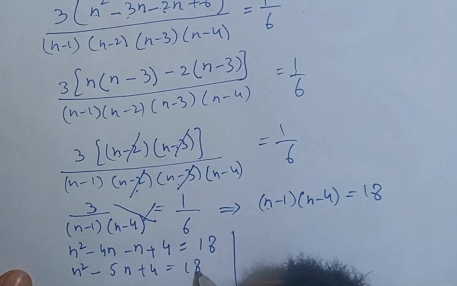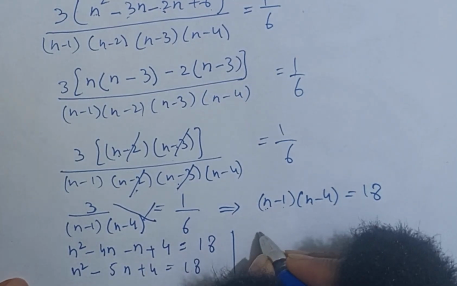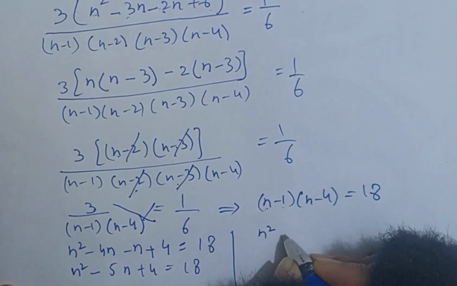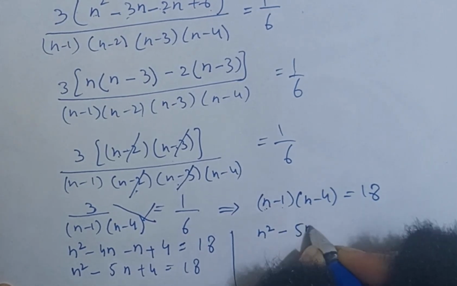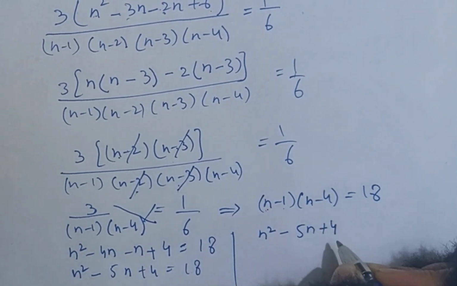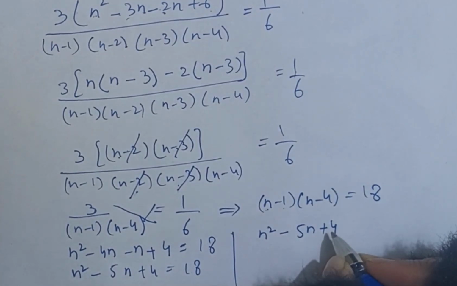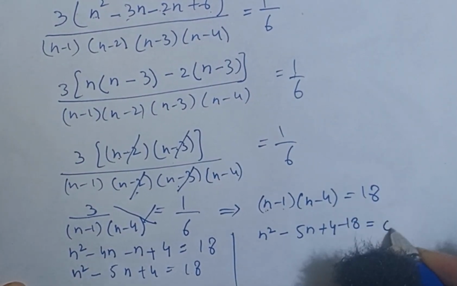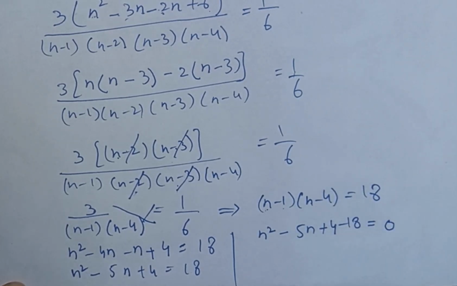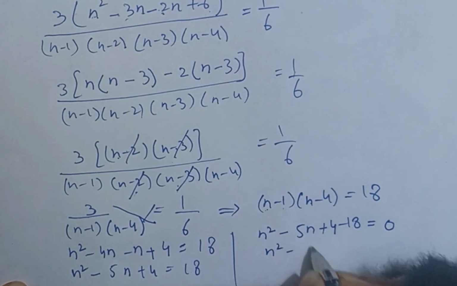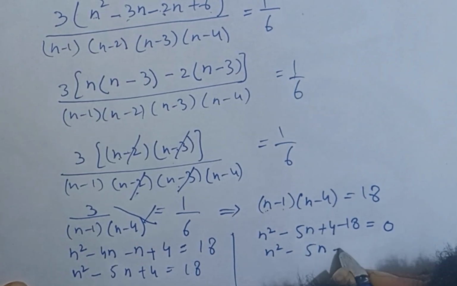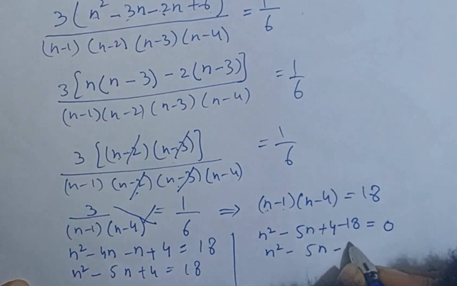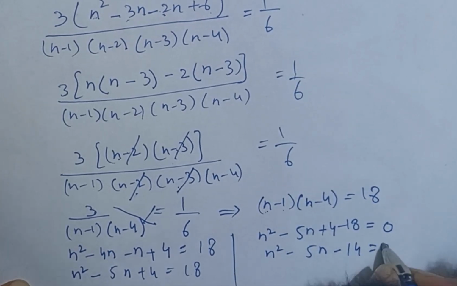Now we subtract 18 on both sides of this equation, we get n² minus 5n plus 4 minus 18. Now the right hand side is 0. So we solve for this, then we get n² minus 5n minus 14 is equal to 0.